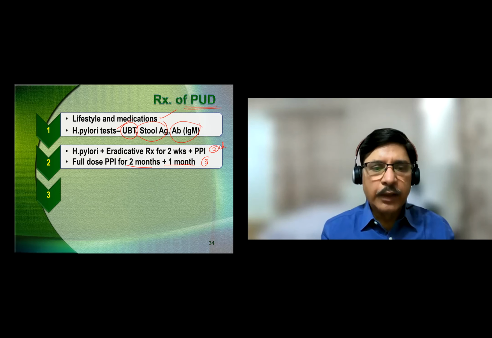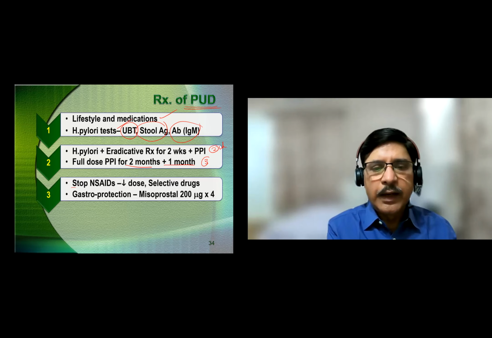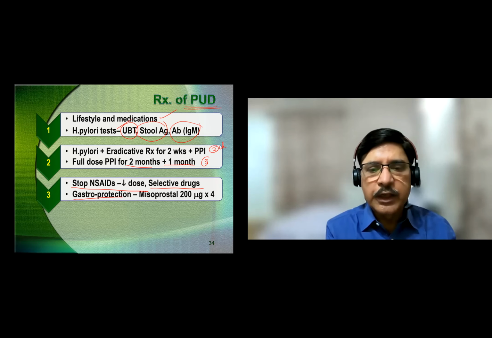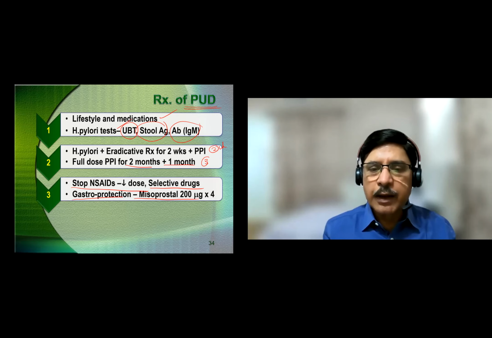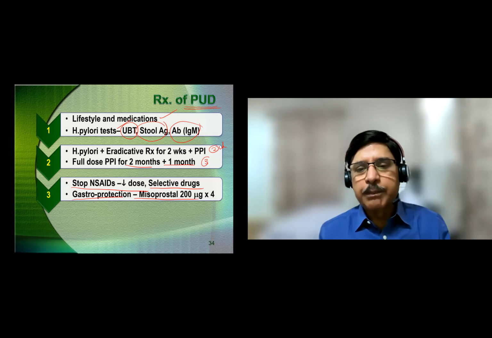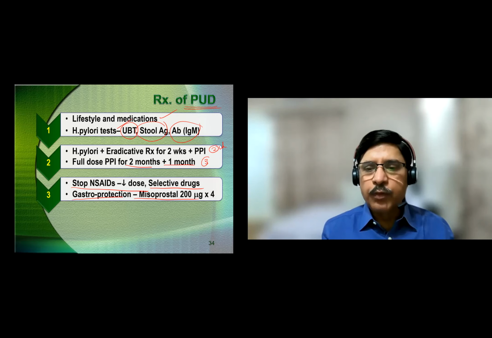Then stop NSAIDs or decrease the dose. Selective drugs like COX-2 inhibitors may be used. Gastroprotection can be offered by misoprostol, which is used as an abortifacient in your gynec practice. Misoprostol 200 micrograms four times a day is the gastroprotection.